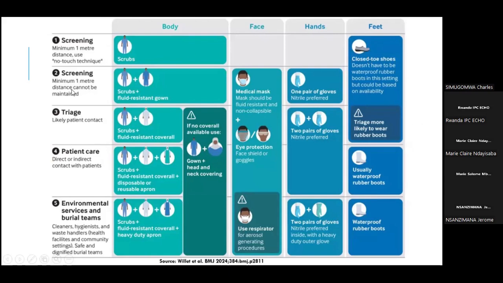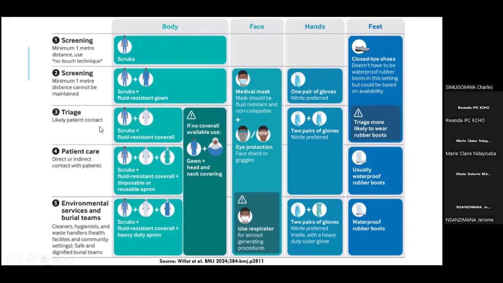If keeping 1 meter cannot be respected, the person must put on scrub plus fluid-resistant gown, must protect the mucus by putting on the medical mask, and put on the eye protection, face shield or goggles. At this level, they must put on 1 pair of gloves because they cannot keep 1 meter distance. And of course, crossed two shoes is part of the scrub uniform, as I may say so.